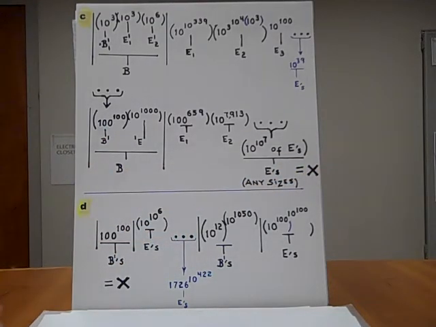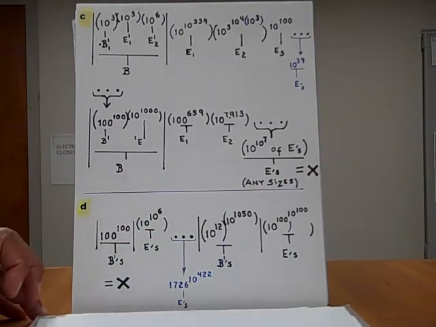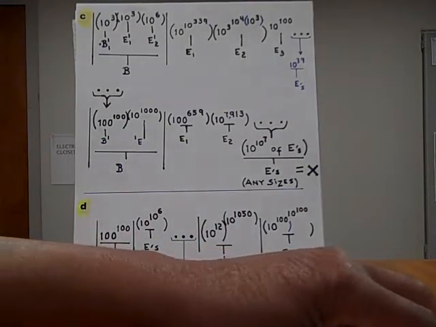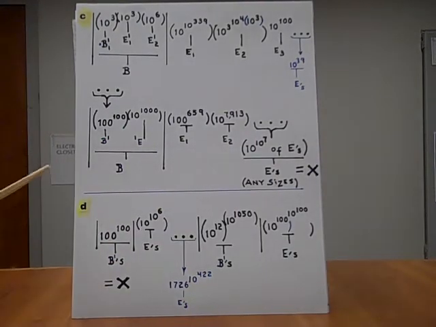Now we'll go to D. D form, that is, D form of second order exponents.